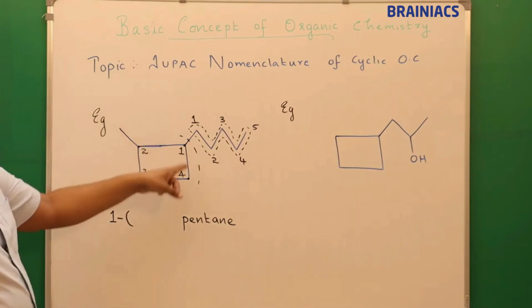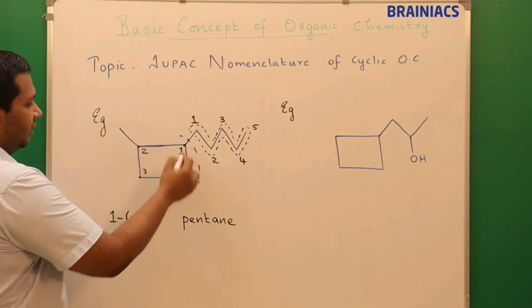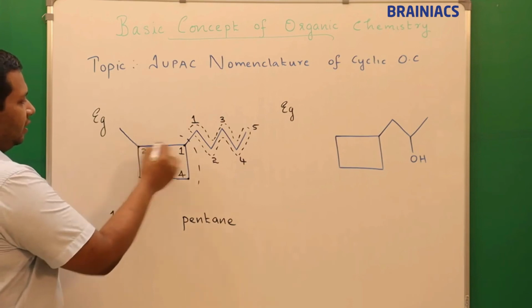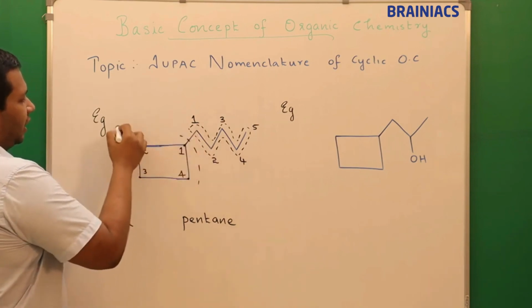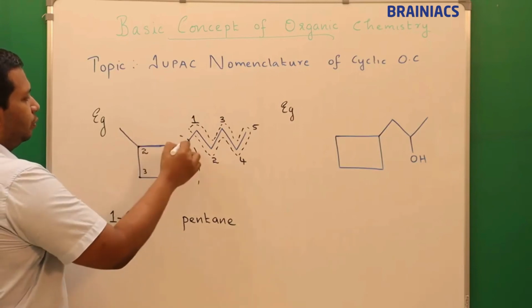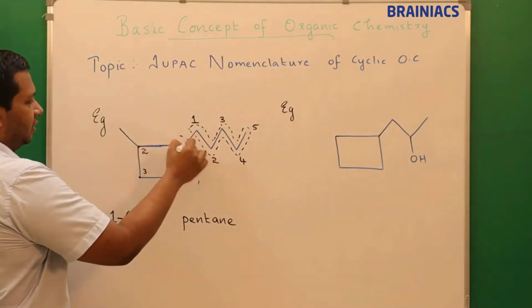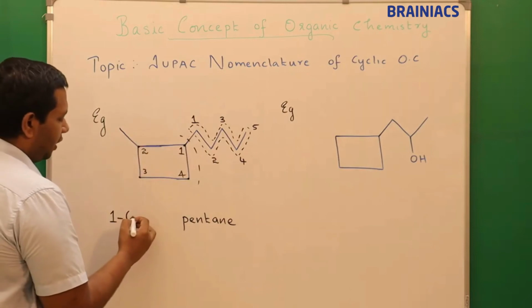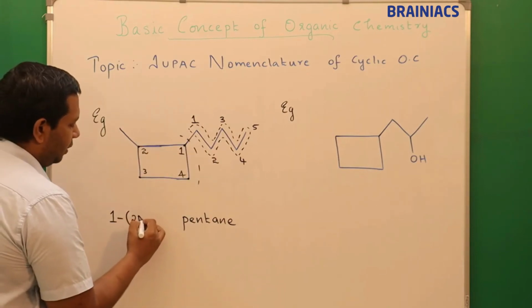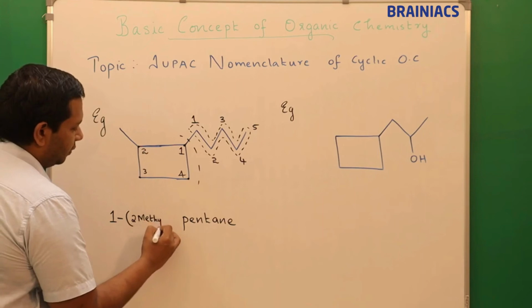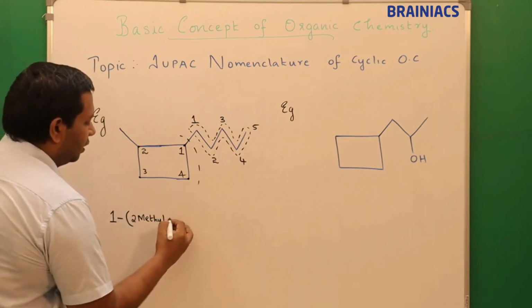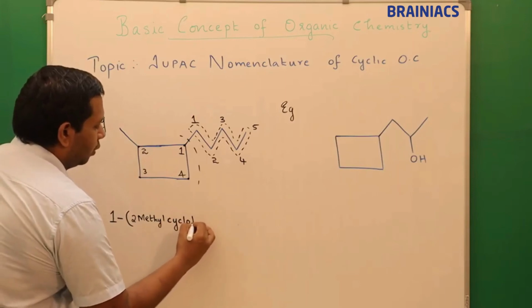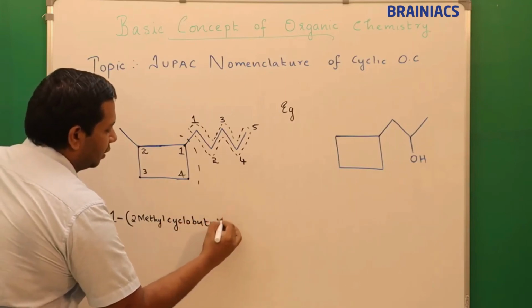Now how will I do this complex substituent? I need to say inside this, 2-methyl, this is which one? Cyclobutyl. This is 2-methyl, then cyclobutyl, 1 H is replaced since it is a substituent. So I write 1-(2-methylcyclobutyl).